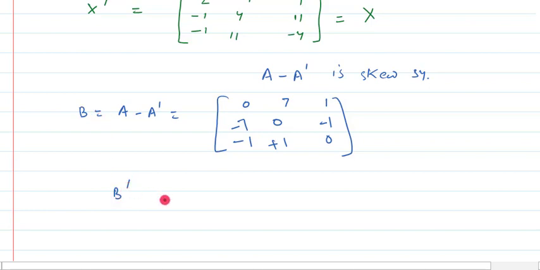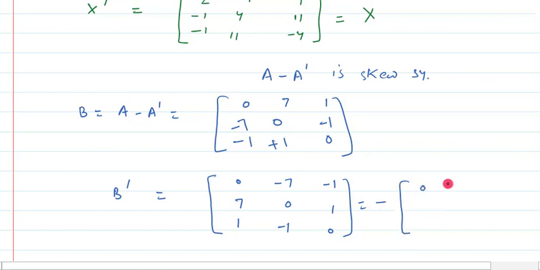Now to find out whether it is symmetric or skew symmetric, let us calculate the transpose of it. It is clearly 0, 7, 1; minus 7, 0, minus 1; minus 1, 1 and 0. So let us take negative common out of it. We are left with 0, minus 7, minus 1; 7, 0, 1; and plus 1, minus 1, 0.